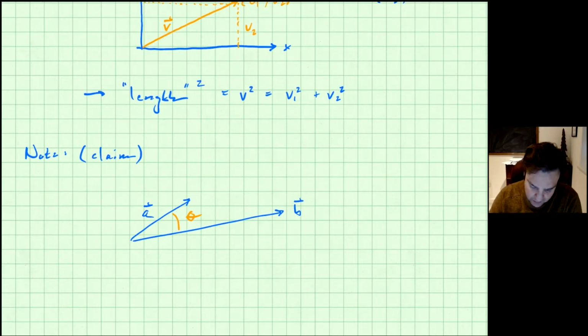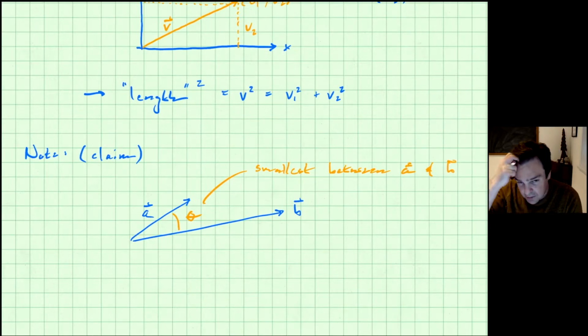For example, in 2 dimensions, the alternative angle is the one that goes around the other way, so that's not what I'm talking about for the angle theta. It's the smallest angle between the vectors a and b.